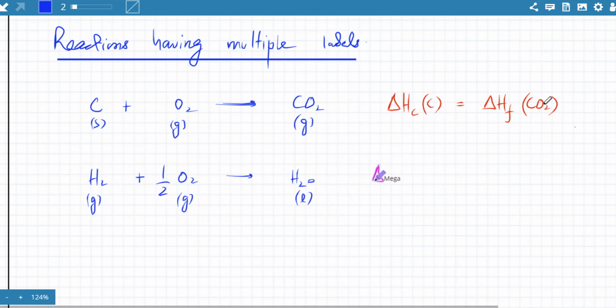I can call it the enthalpy of combustion of H2, because 1 mole of H2 is burning in oxygen to produce H2O. Or I can also call it the enthalpy of formation of H2O, because 1 mole of H2O is formed from its constituent elements. So both of them represent the same energy change. They have exactly the same value, because they represent the energy change associated with the same reaction.